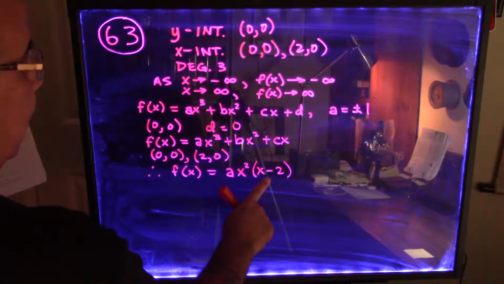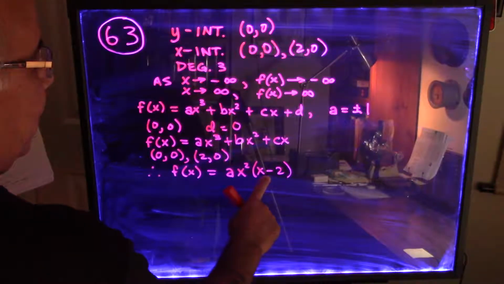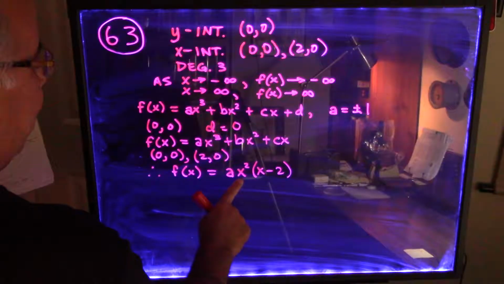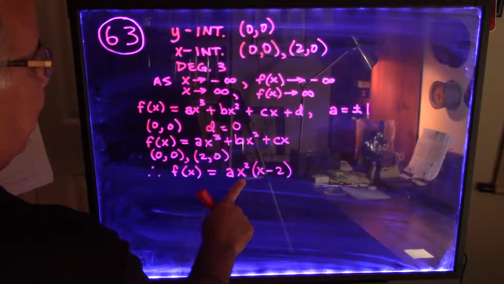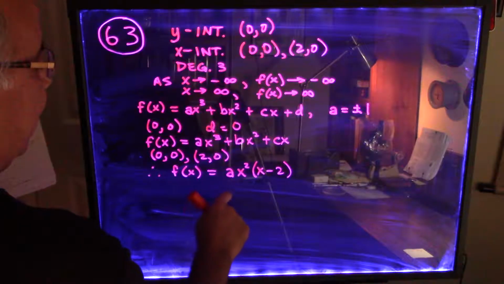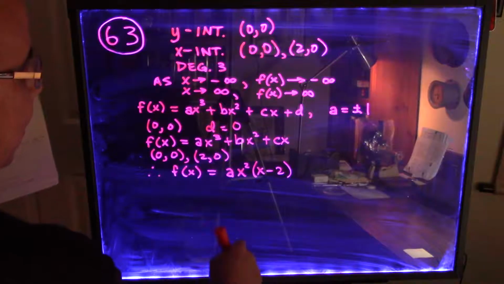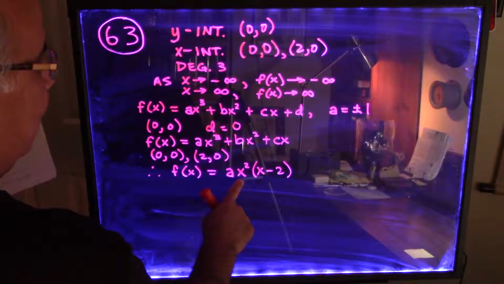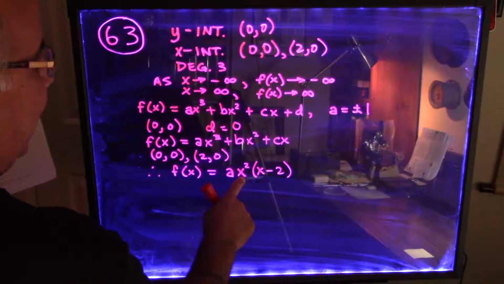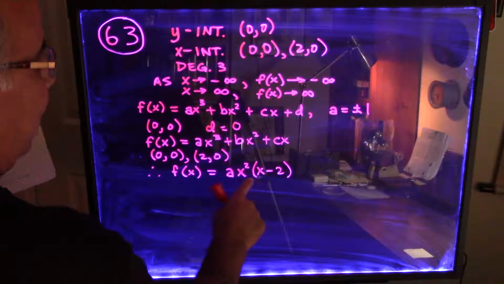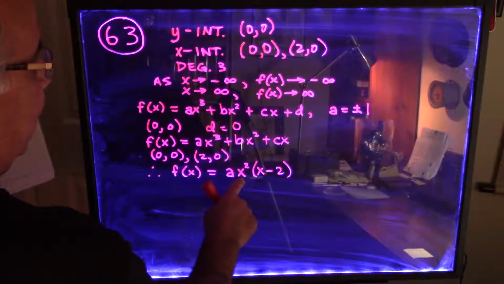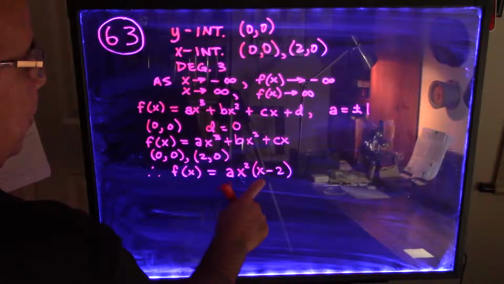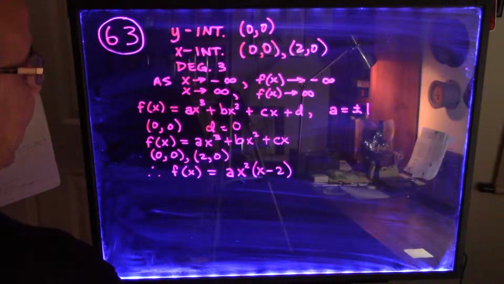When you let x equal 2, this becomes 0 and the whole thing becomes 0. And when you let x equal 0, the whole thing becomes 0. So why is it squared? Because this is a degree 3 polynomial. If it was degree 2, you could say it's just x. But it's a degree 3, which they told us, so when you have x squared times the x, you're going to get the x cubed.